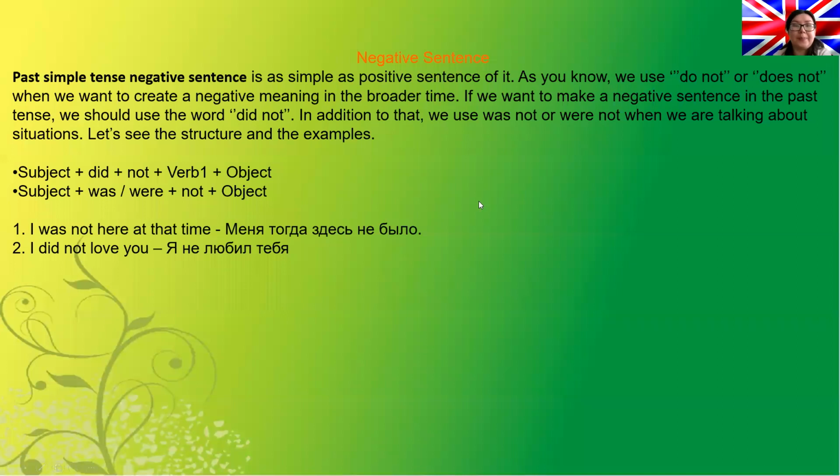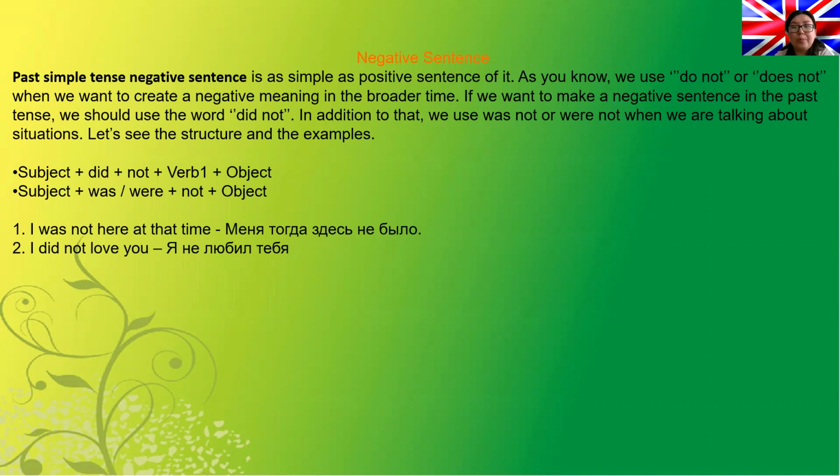Negative sentence. Past simple negative sentence is as simple as the positive sentence. As you know, we use do not or does not when we want to create a negative meaning in the present tense.